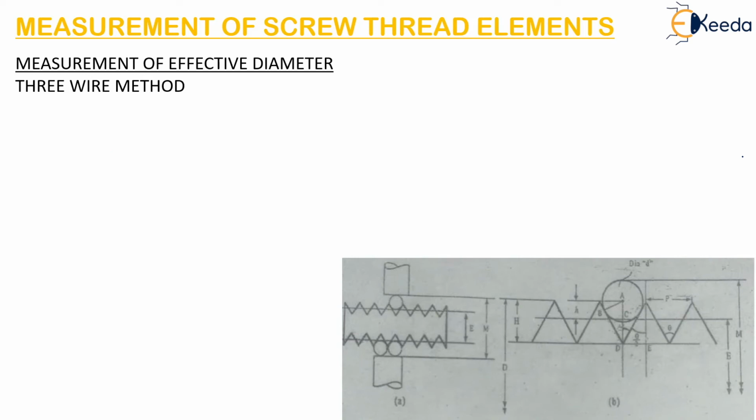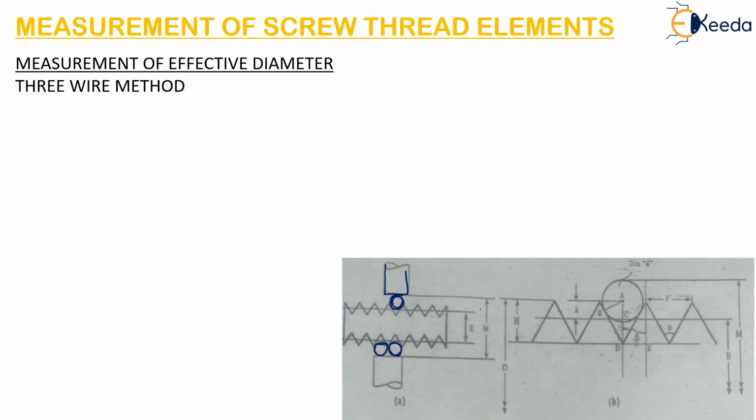We can see in this figure, these are the wires which are arranged on the screw thread, one on one side and two on the other side. It will have the micrometer anvils also to support these wires.